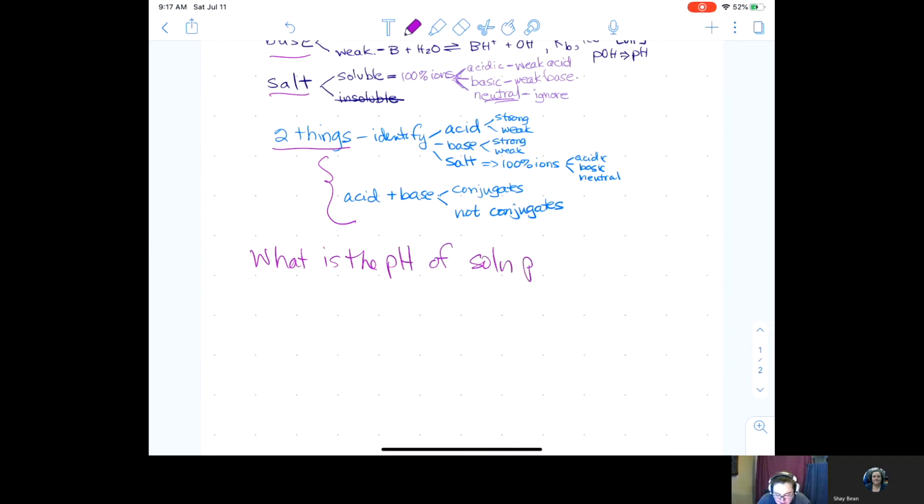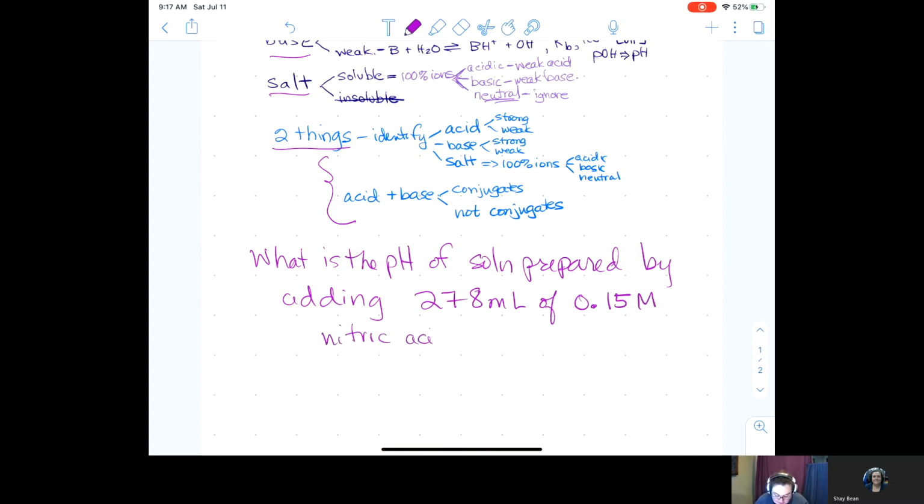a solution prepared by adding, and there are lots of different ways to phrase this, let's say 278 milliliters of 0.15 molarity nitric acid to 314 milliliters of 0.21 molarity lithium hydroxide.